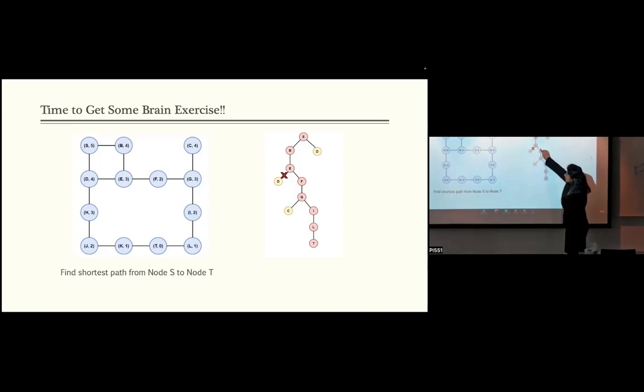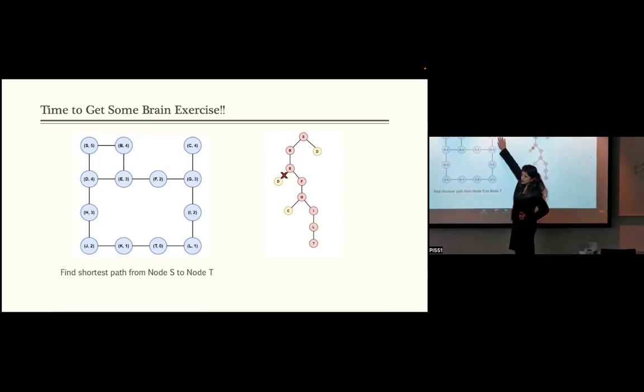And then F, what would be the adjacent one? G. And then G, we have two adjacent nodes. What would be the prioritized one?